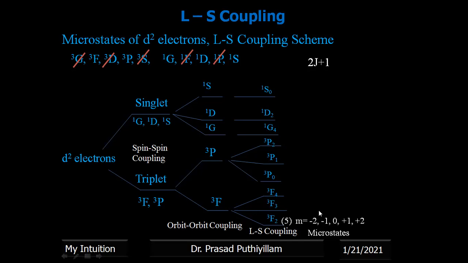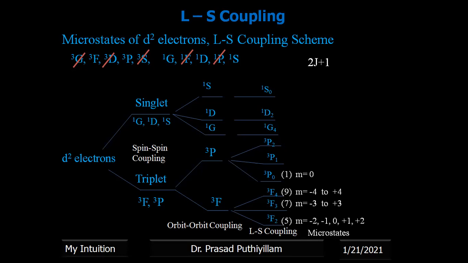I am not giving the energy levels here. So 5 lines we can represent, with the lowest value for -2 and the highest value for +2. Therefore this triplet F2 can be further split into 5 energy levels, triplet F3 can be split into 7 energy levels from -3 to +3, and triplet F4 can be split into 9 energy levels.